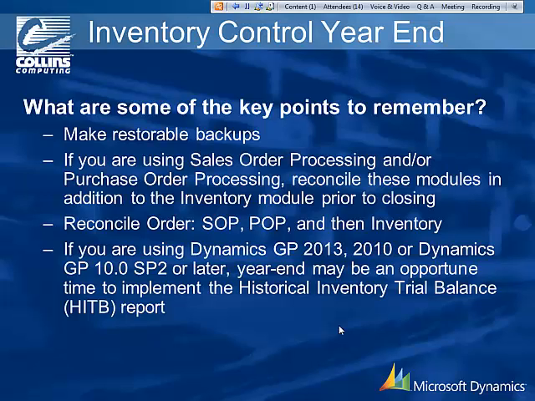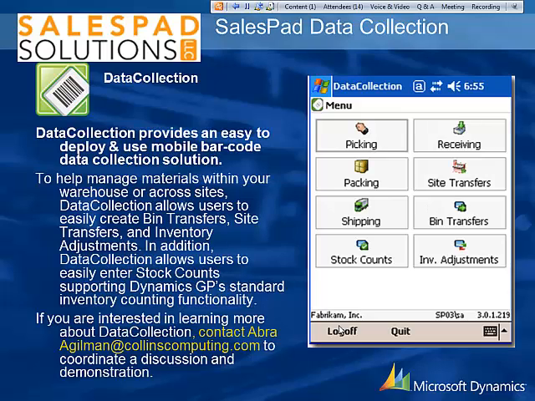Now, if you happen to be running these versions of 10.0 Service Pack 2 or later, or any of the 2010, then there is an optional historical inventory trial balance report that has come into play that I'll show one screen on.